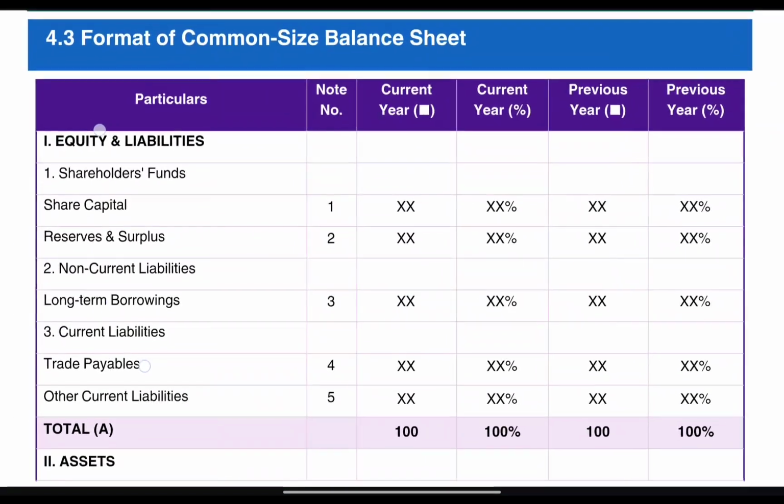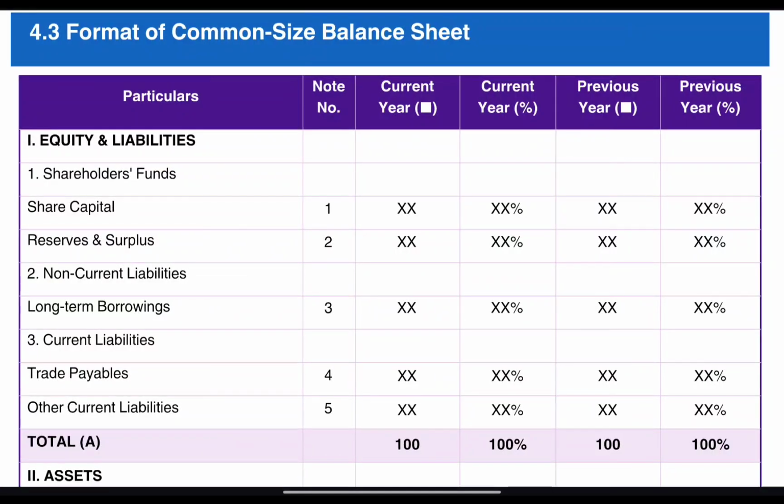How will you draw the common size balance sheet? First of all, particulars, then note number as usual, then current year. After this you have to make extra columns, 1, 2, 3. Got it?